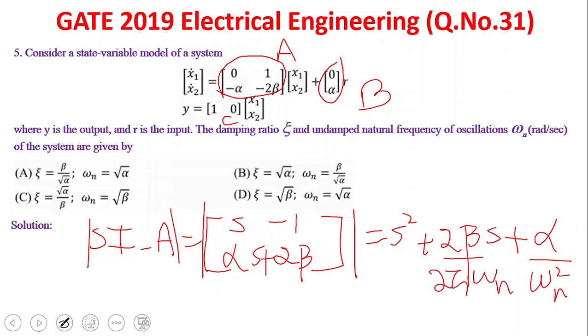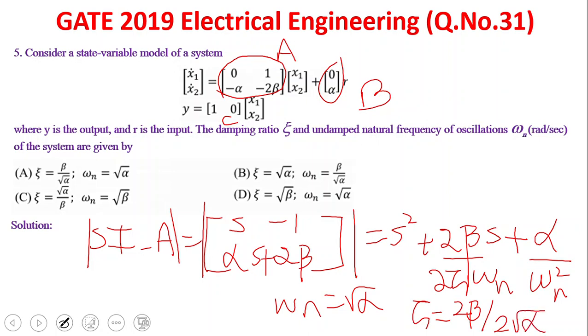Therefore omega n is root alpha. I think you are getting options A and D from that, but in both cases zeta is different. So what is zeta? Zeta is 2 beta divided by 2 root alpha. What is zeta after all? Zeta is equal to 2 zeta omega n by 2 root omega n square.